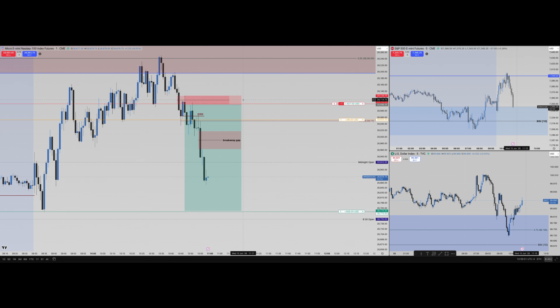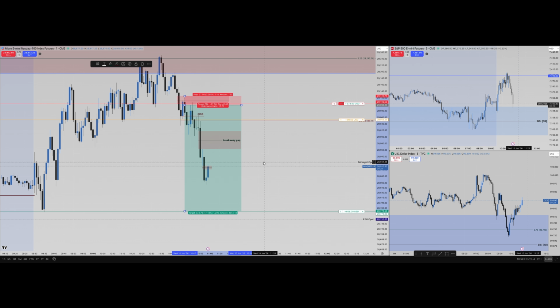So I'm looking at that, and the bodies are unwilling to get through that level. Moreover, we have the 9:30 opening price as well on MNQ, which price is not able to displace through. So I'm keeping that in mind, and we have that tiny little inefficiency. I've annotated that as well.